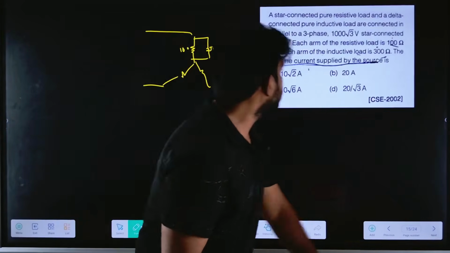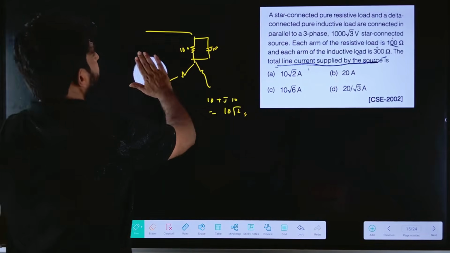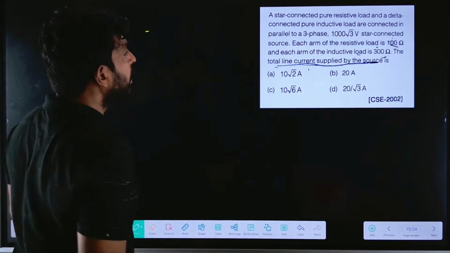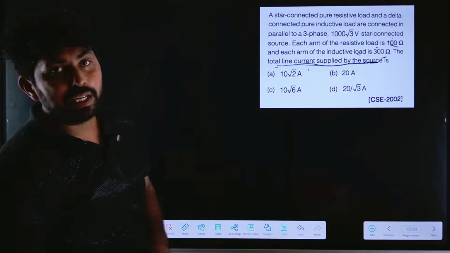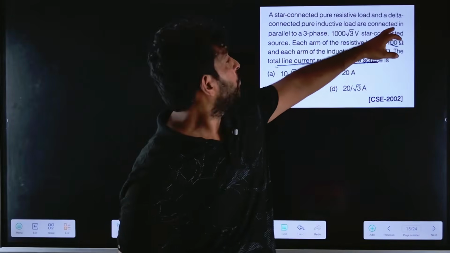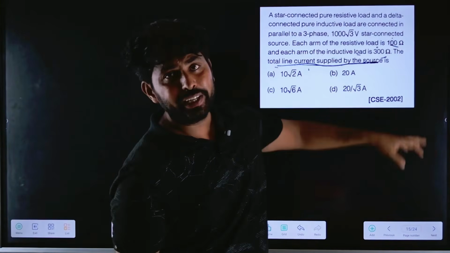Now let us solve the next question. What is the question here? A star connected resistive load is in parallel with a delta connected pure inductive load.